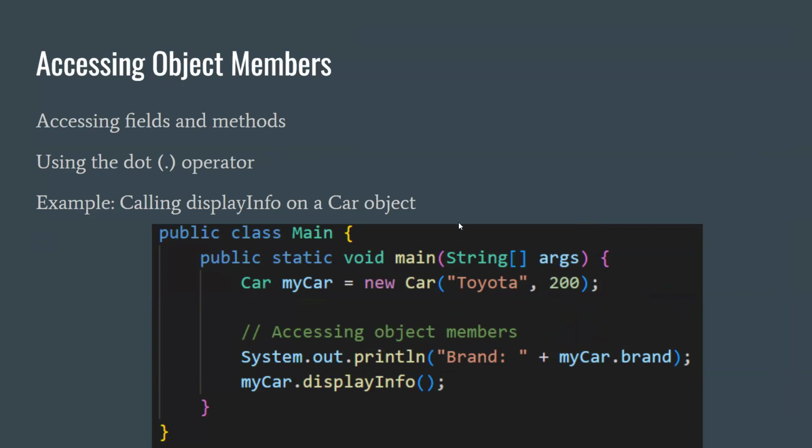For example, after creating a Car object, we can set its brand or ask it to display its information using the method defined in the Car class. If you see this print line, it's calling brand directly using the dot operator.